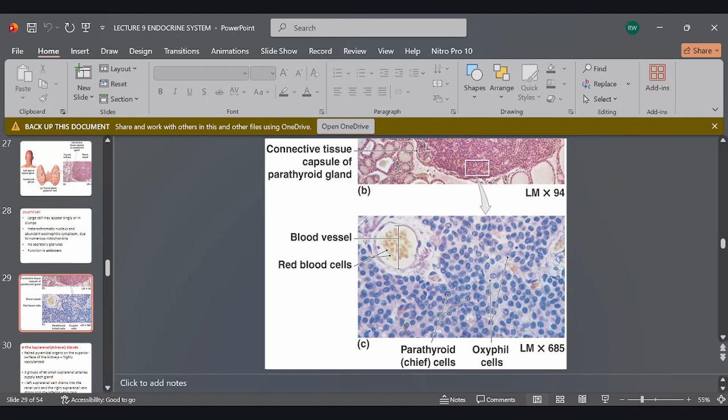So this is the histology of the parathyroid gland, which has the chief cells. You are able to see the oxyphil cells here, blood vessels here, red blood cells, and also the connective tissue capsule of the parathyroid gland.